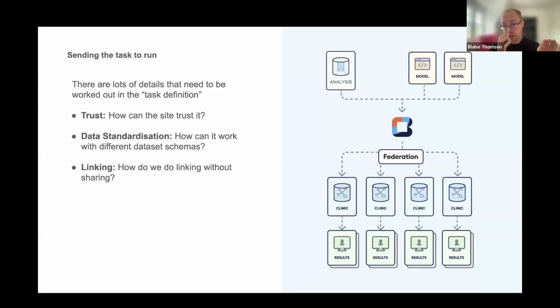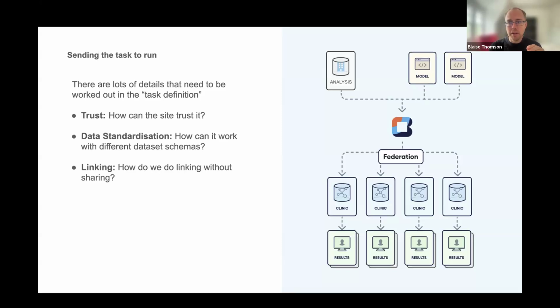This is especially true of genomic data, where the holders of the genomic data have very specific requirements about what they can do in sharing that data. And it tends to not allow that data to be transferred out of their research environments. So there's this really big question. Okay, we're doing a federated analysis, but how do we do linking appropriately? And what does that mean for the analytics that we're going to do?